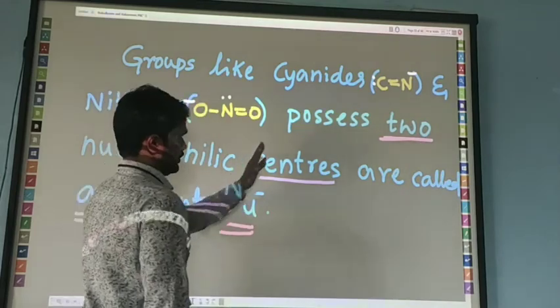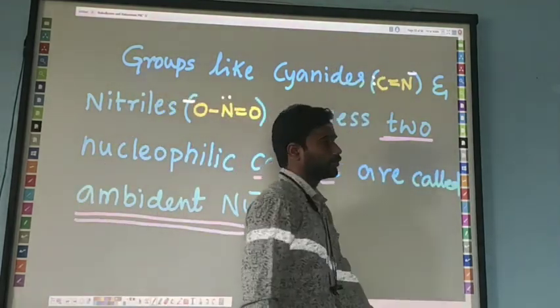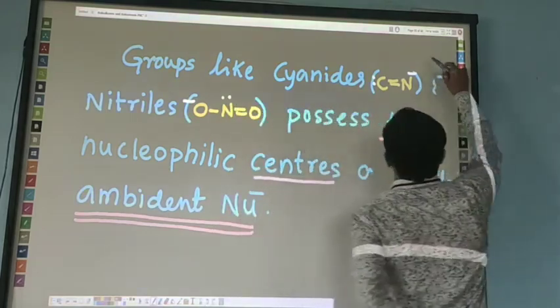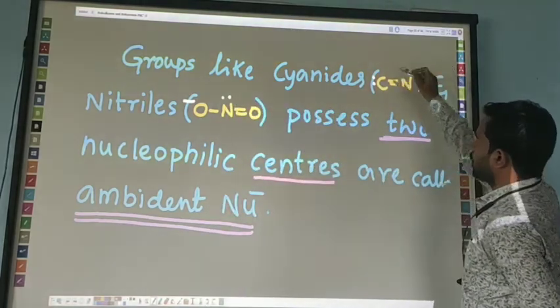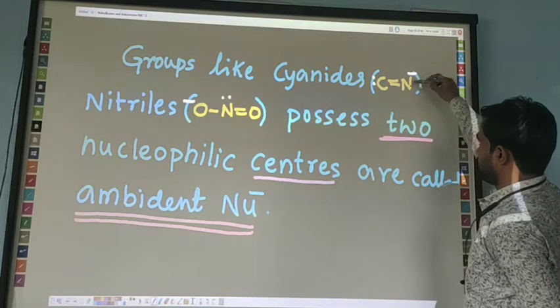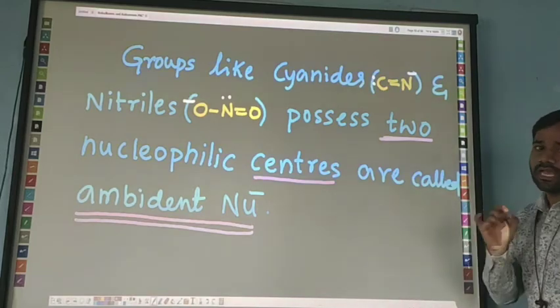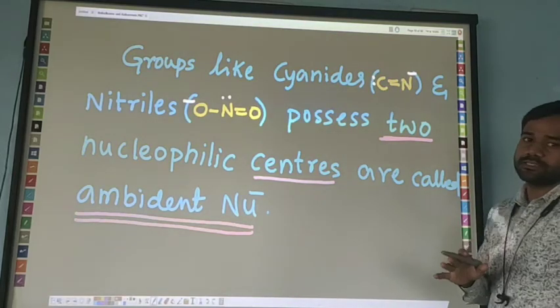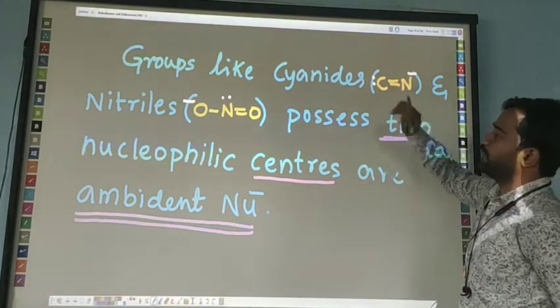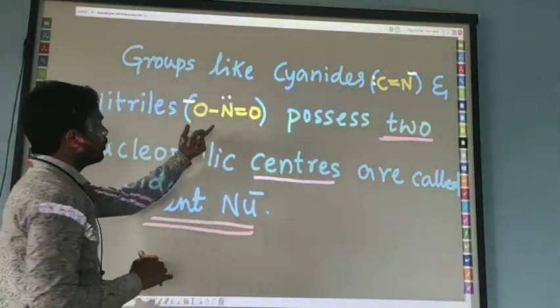What is the procedure here? The carbon triple bond nitrogen can attack either through the nitrogen position or through the carbon position. Why? Because the carbon and nitrogen can attack with the negative charge, and a carbene is formed here to complete the octet. What about nitrite?